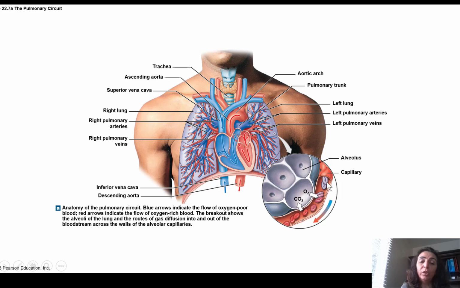On the other hand, the blood that has come here all the way from the whole body gets into the right side and then from the right ventricle spreads through the pulmonary arteries and their branches and finally gets to the pulmonary capillary. It's full of carbon dioxide. Therefore, the concentration of carbon dioxide here in the capillary is much higher than the concentration of carbon dioxide that has come from the outside, from the air, inside the alveolus.